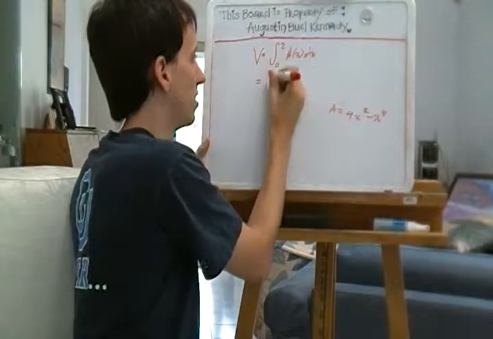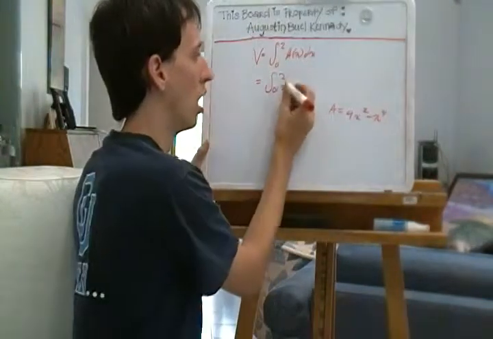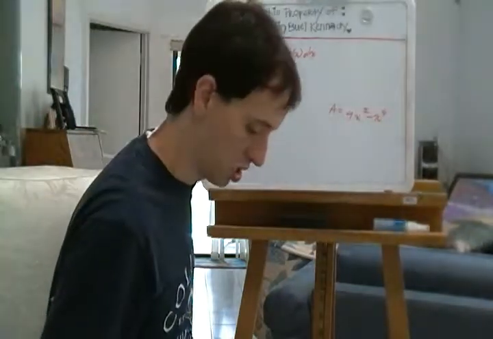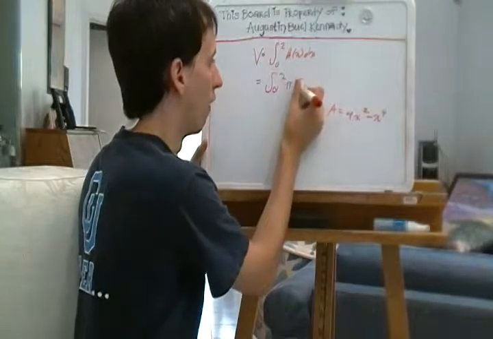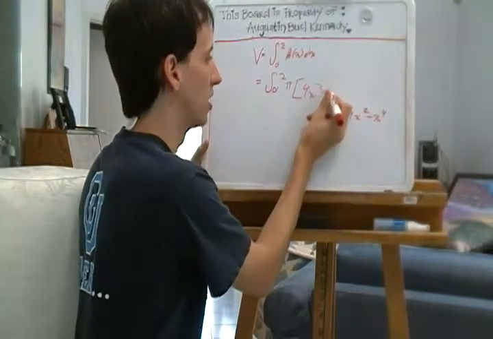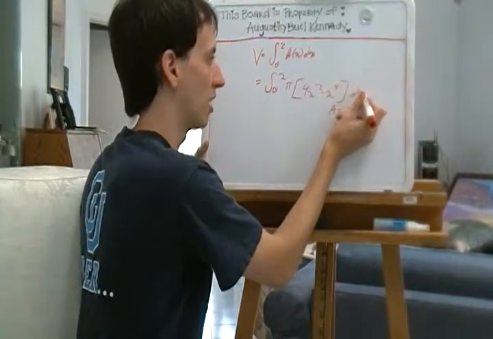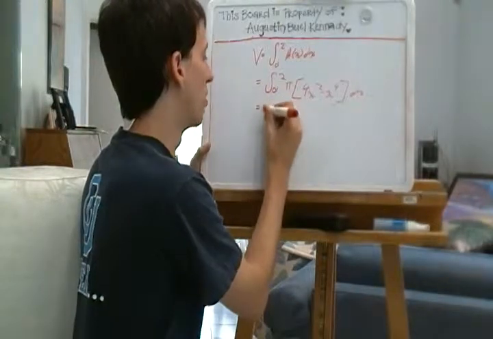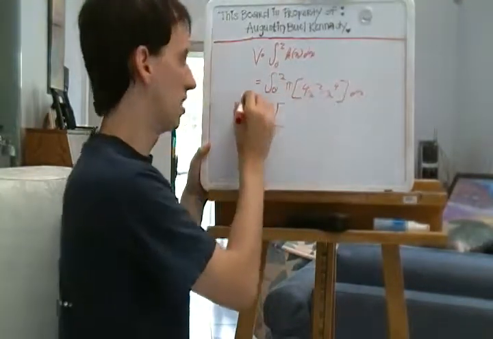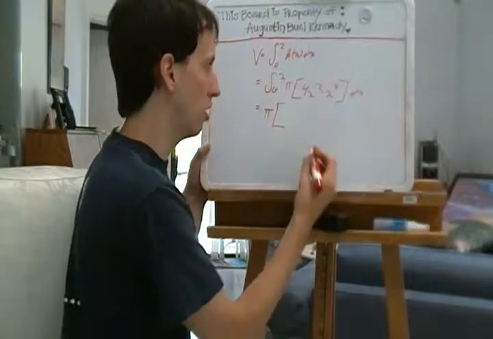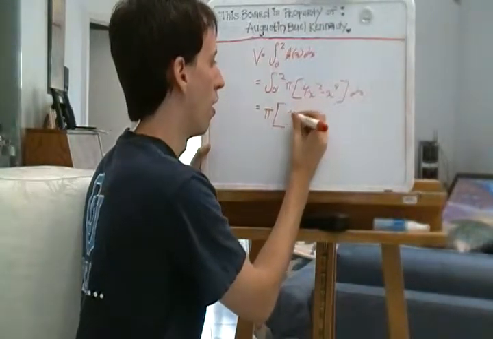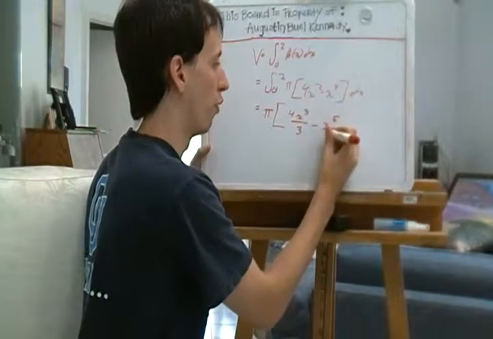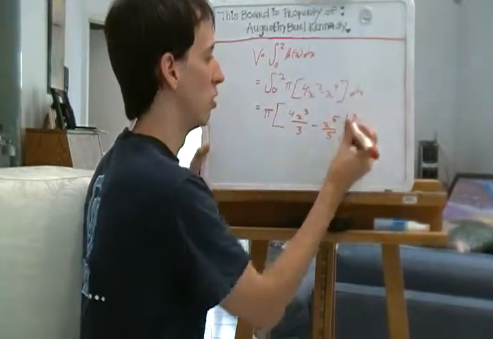But we know that this is the same as the integral from 0 to 2 of pi r squared, which is pi times (4x squared minus x to the fourth) dx. We can combine a couple steps here. Take the pi outside the integral and use the fundamental theorem of calculus. So we get 4x cubed over 3 minus x to the fifth over 5, between 0 and 2.